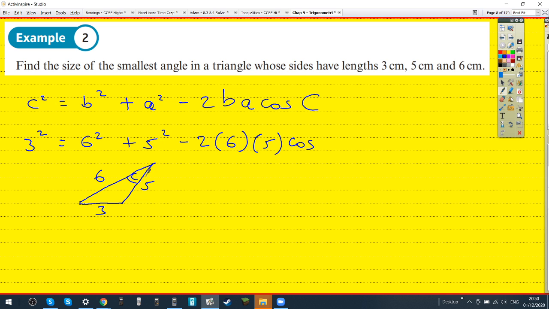That's the one we're trying to find. Oh, okay, yeah. Cos C. And then we want to get cos C on the other side? Yes, we do.